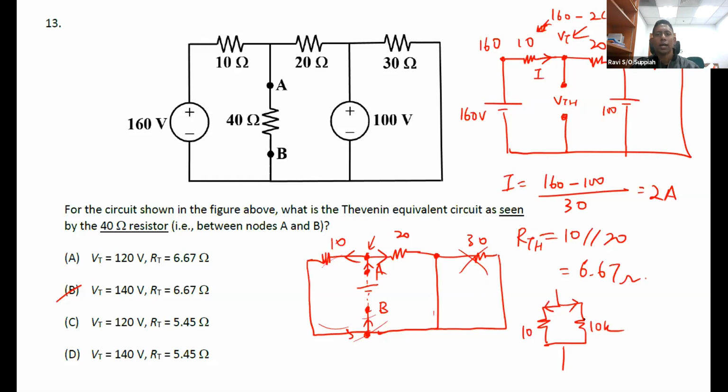Correct? Because current will always take the easiest path. So the path of least resistance is always easier. So the branch with the 10 ohm will have much more current than the branch with the 10 kilo ohm.